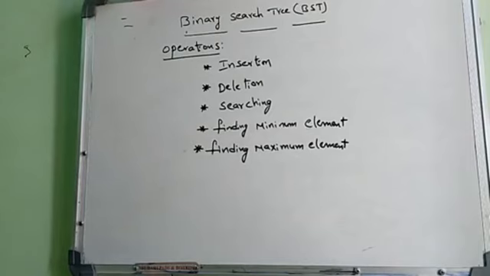In the majority of cases, from the university exam point of view, they ask insertion and deletion of the binary search tree. So we are going into detail on the procedure of insertion of an element in a binary search tree, as well as deletion, searching, and finding the minimum and maximum element.